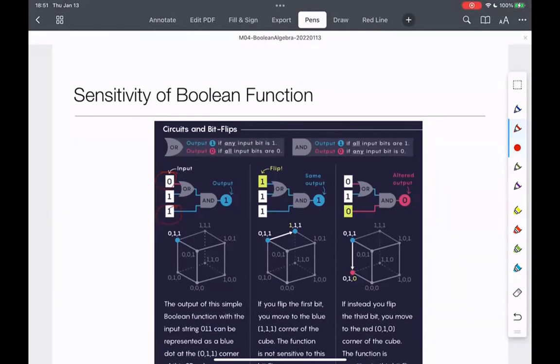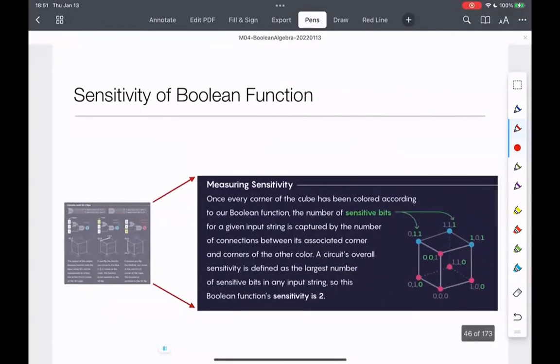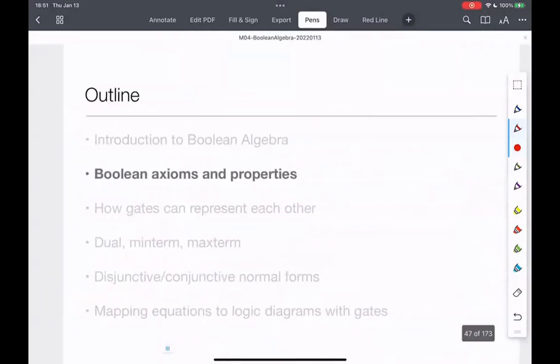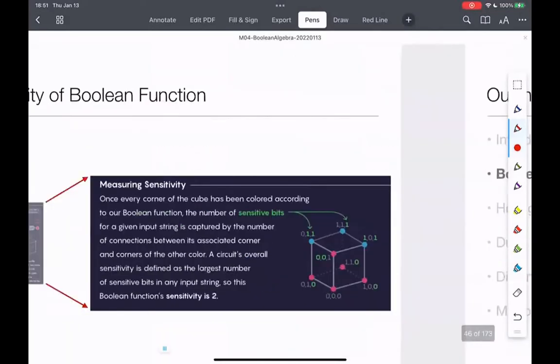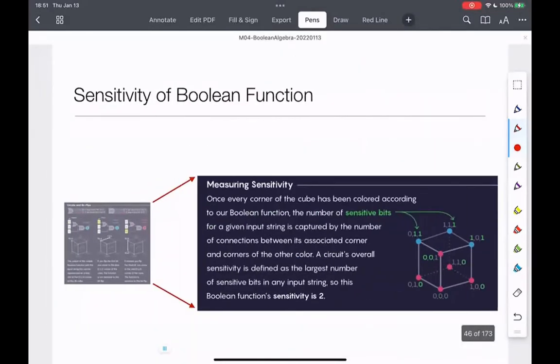So we can reason about this sensitivity in terms of how many bits things are sensitive to. I'm going to skip this one over for now, but it's just another definition. Okay, so we can compute these things, and like I said, there are different measures, and the sensitivity one may be interesting in some cases.